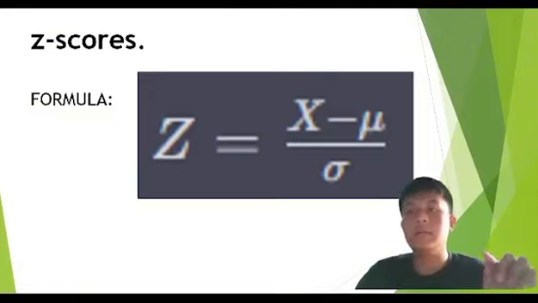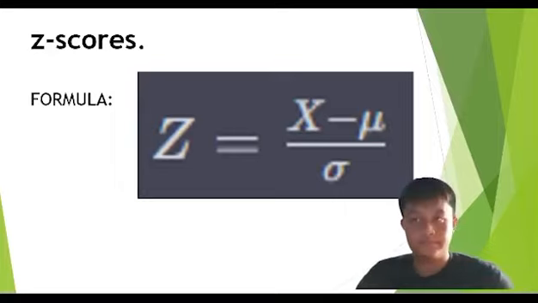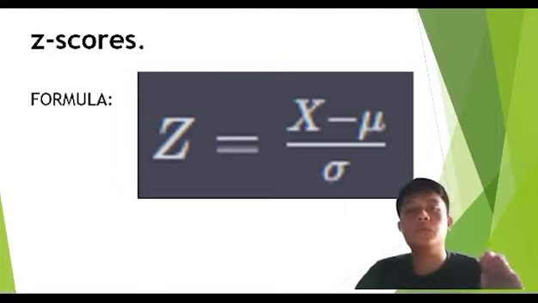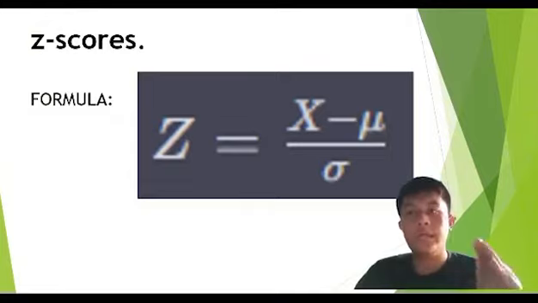And then the resulting z-score tells you how many standard deviations the data point x is away from the mean. If kung ang z-score is positive, it means the data point is above the mean. And kung negative naman, it means the data point is below the mean.